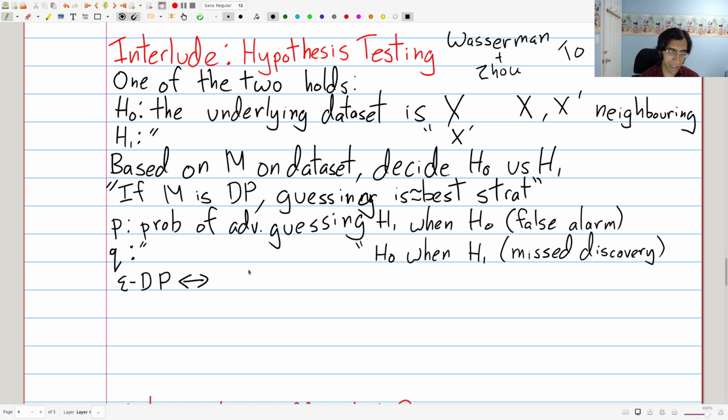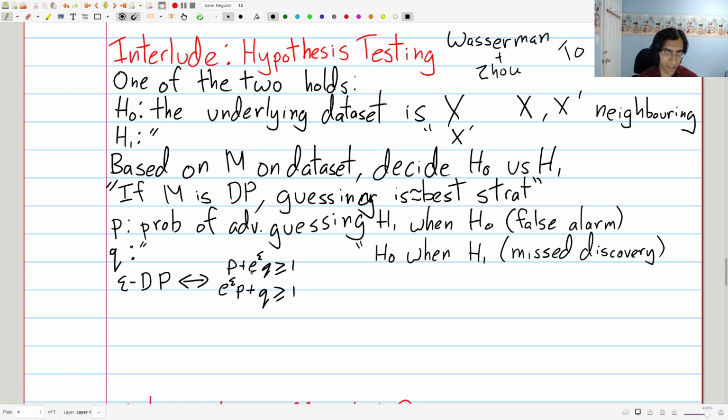We're not going to prove it in this class, but it's equivalent to the following two conditions: that P plus e to the epsilon times Q is greater than or equal to 1, and also the other way, which is e to the epsilon times P plus Q is greater than or equal to 1. So again, this says that both the false positive and the false negative rate can't be simultaneously small. We've got to make a mistake in one or the other.